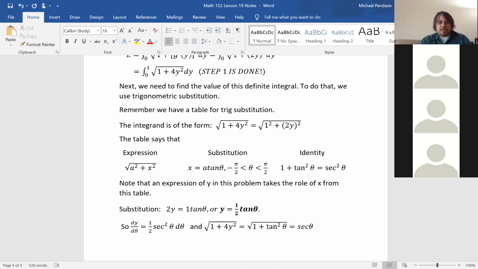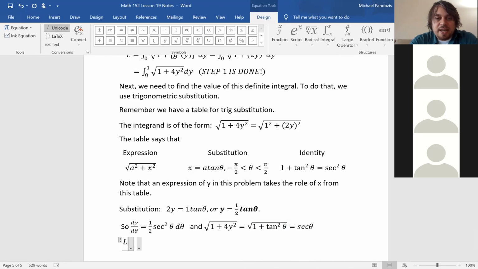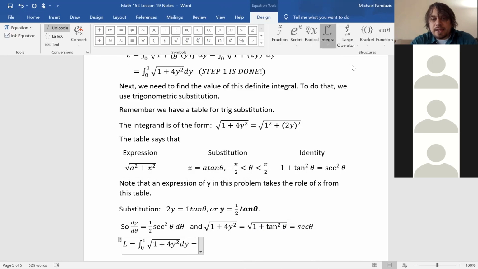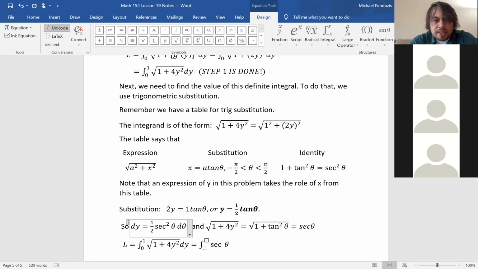Okay, and so that means that the length L, which we said was equal to this definite integral, is equal to the definite integral of, well, the square root of 1 plus 4y squared, which is secant theta, times dy. And dy is equal to 1/2 secant squared theta d theta.